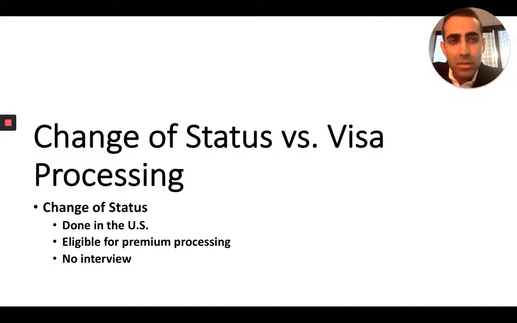And one of the benefits of doing a change of status is that it's eligible for premium processing. This means that if you pay an additional fee to USCIS, they'll process your application in as fast as 15 calendar days, which is really fast. Another benefit of doing a change of status is that there's no interview. So yeah, those are the two ways of actually applying for the E2 visa.